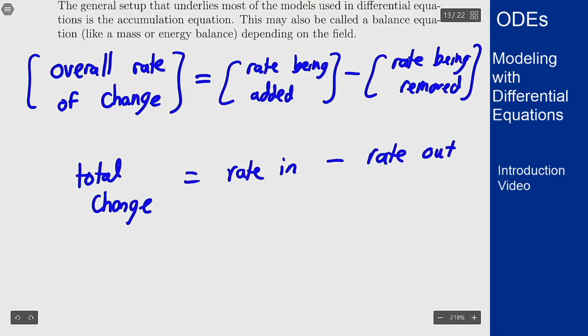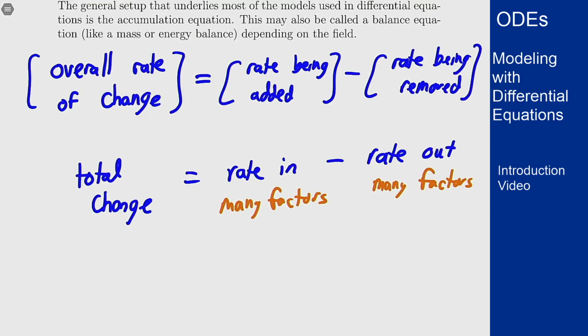Basically, take all the factors that come together to add to this quantity throughout your model, add those together, those become the rate in. This could be many factors. It doesn't have to be just one thing, but however many things go together to add in, put all those together. Take all the things that are taking away from this quantity. That goes into the rate out. This could also be many factors as well.